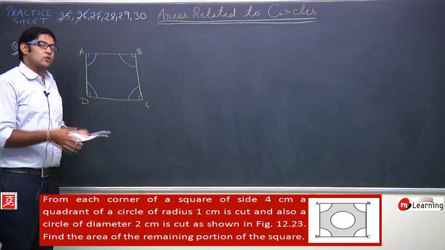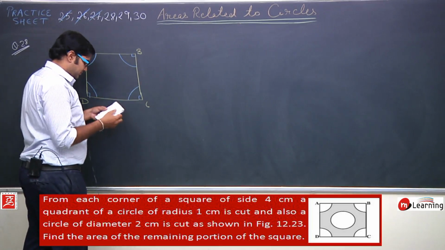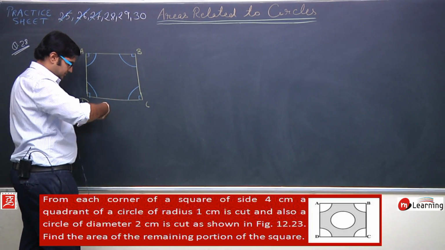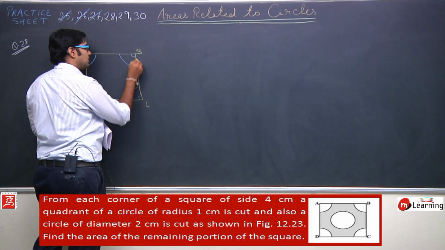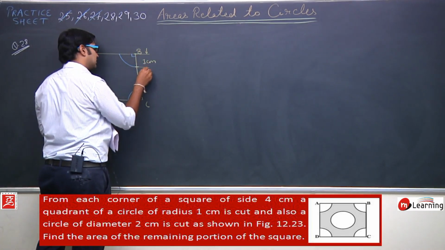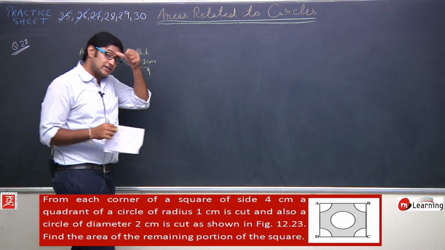So I have removed these 4 quadrants of circles whose radius is given as, where is the radius? Radius is given as 1 centimeter. So this much length is 1 centimeter. Okay, all these quadrants are of radius 1 centimeter.